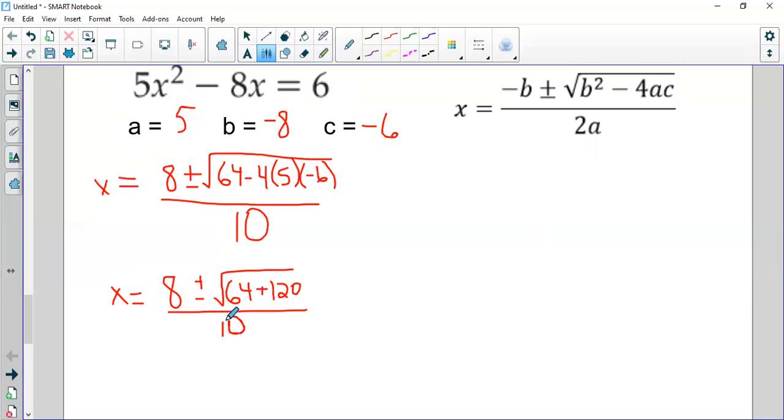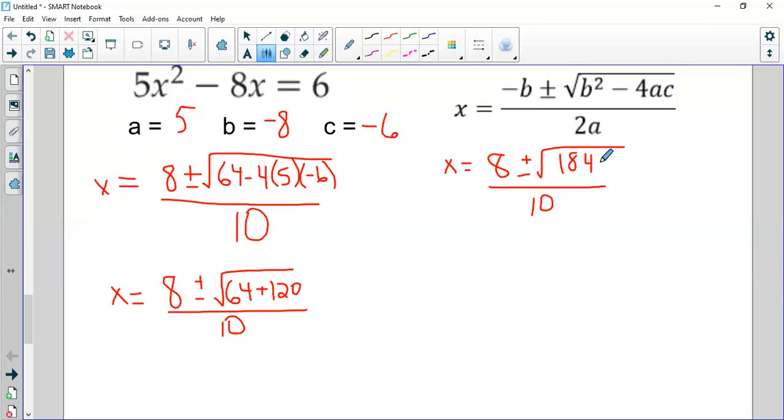Slide up here for some space. X is equal to 8. Finish with the computation inside the radical. Plus or minus square root of 184. Uh-oh. Now I have a not very nice number over 10.